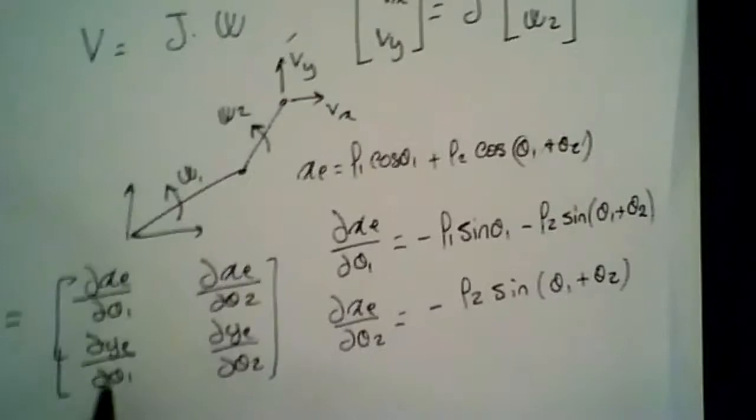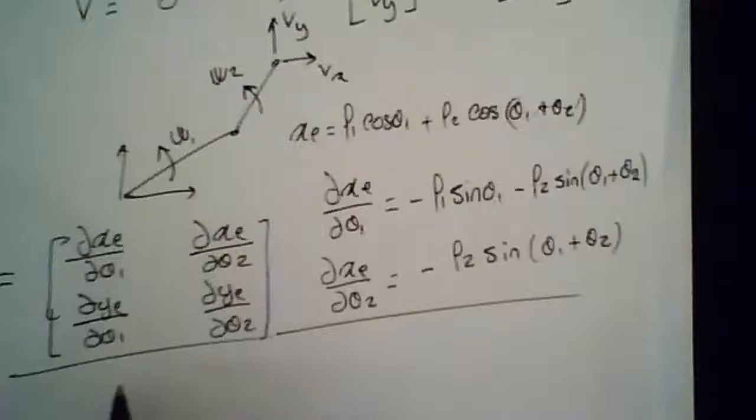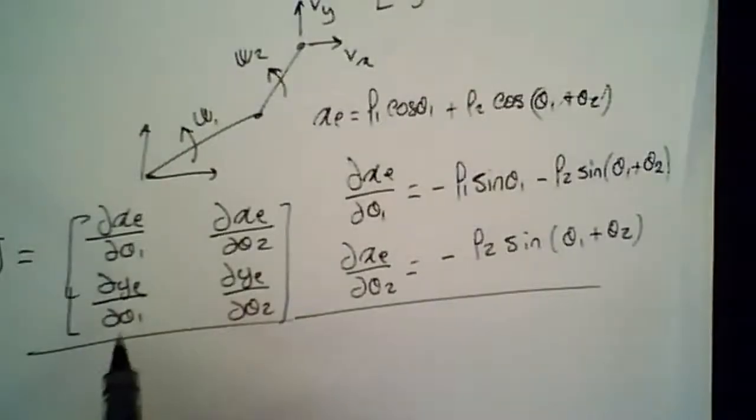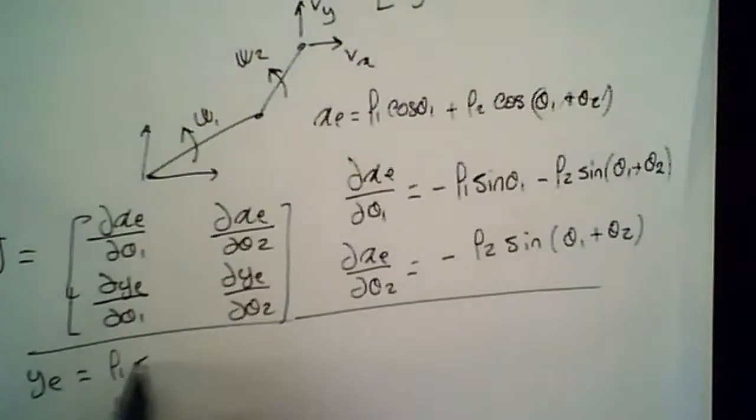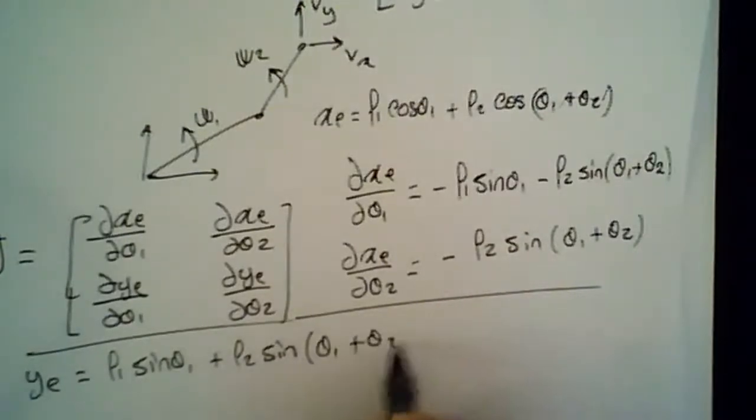Now let's continue here. We need to get dye d theta 1. We recall ye was equal to L1 sine theta 1 plus L2 sine of theta 1 plus theta 2.